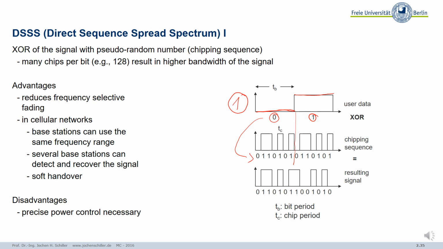So you see this is the original chipping sequence, and with 1 you invert the chipping sequence. So what happens now? The resulting signal has now 7 times more chips compared to original bits. So this is why our spreading factor in this case is 7.